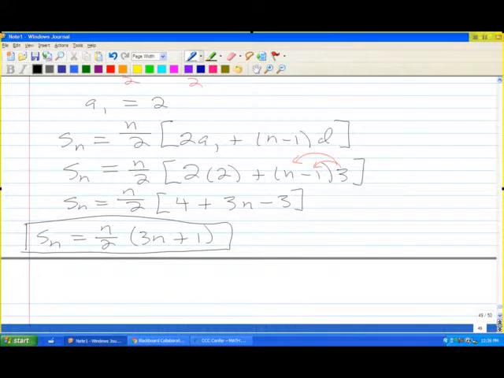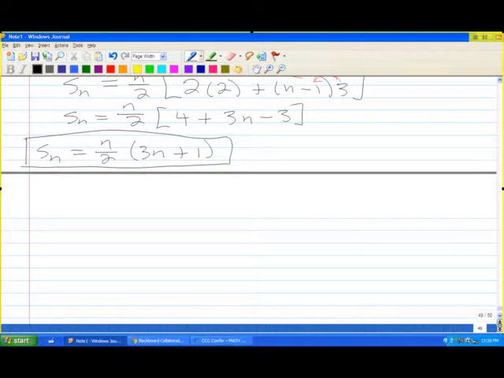Let's do maybe one more of these. A1 is 5. S14 is 549.